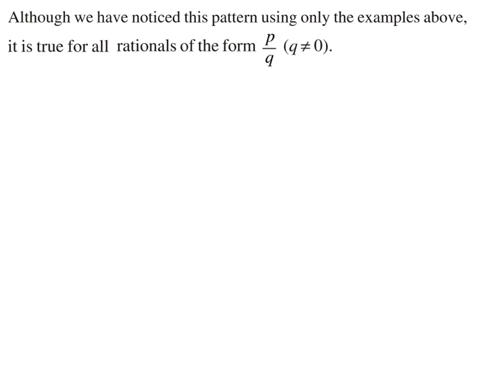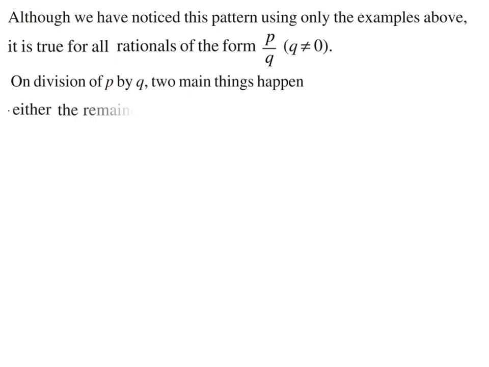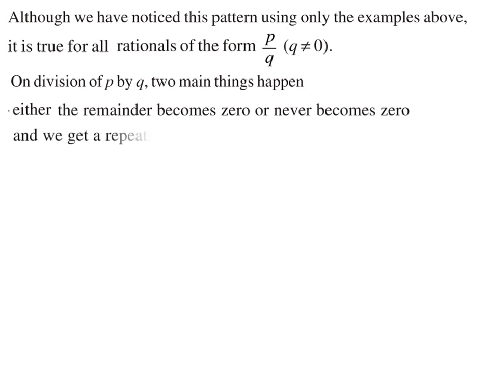You can divide any rational number and find this kind of pattern. On division of p by q, two main things happen. Either the remainder becomes 0, or it never becomes 0 and we get a repeating string of remainders.